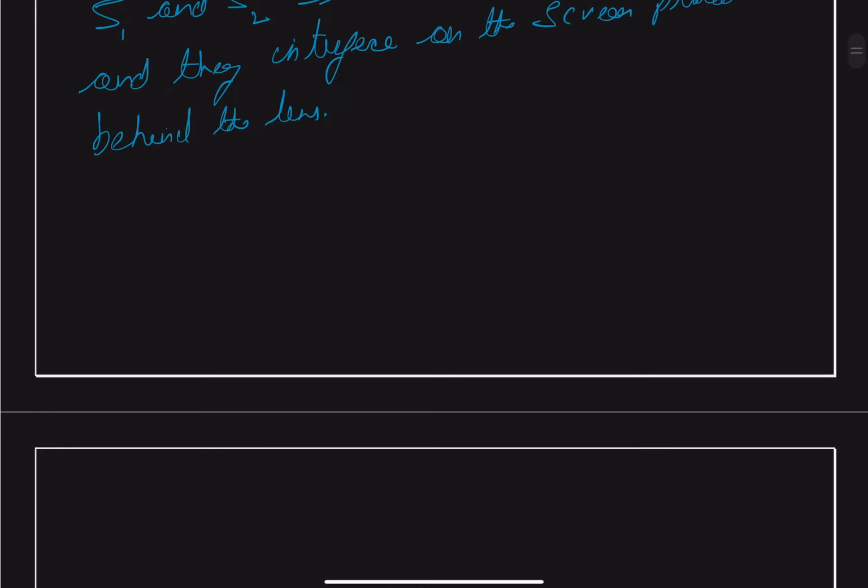So we can use the fringe width formula. Fringe width, that is W, is equal to lambda capital D upon small d.